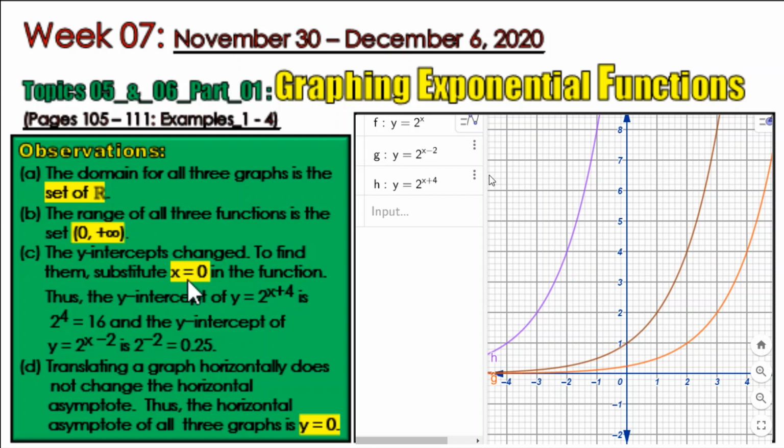We will just make our x equal to 0 and solve for our y-intercept.